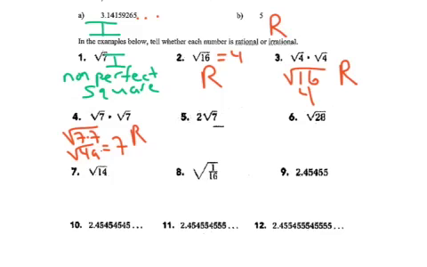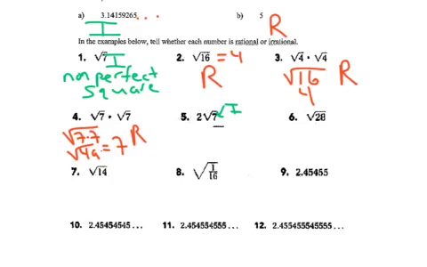The next one is 2 times the square root of 7. Well, we know that the square root of 7 is irrational because the square root of 7 is a non-perfect square. There is not a whole number that multiplies by itself to give you 7. So it does not matter.